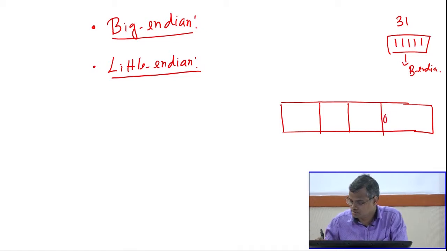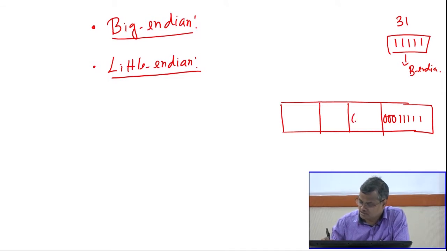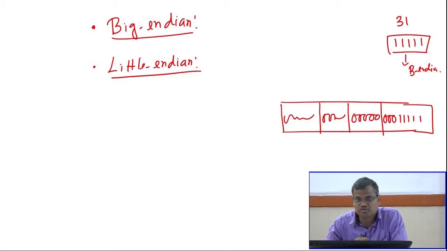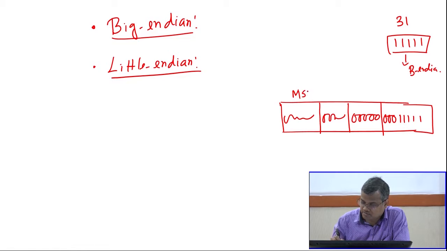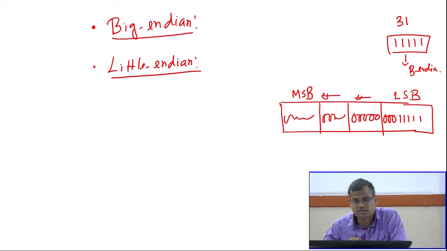So, therefore, the rest is 0, positive number, let us say. Okay. Which one is the most significant byte? This is the most significant byte. Then next is this one, next is this one, and the least significant byte is this one.